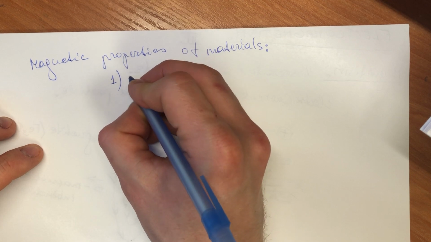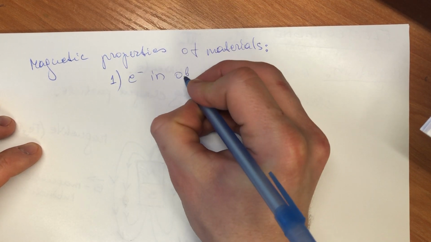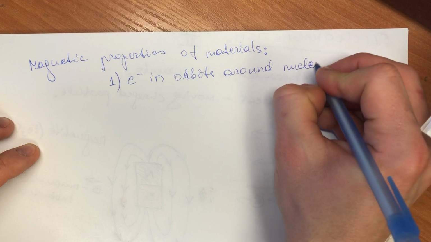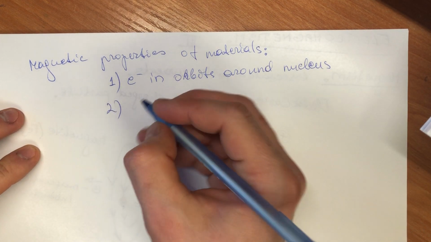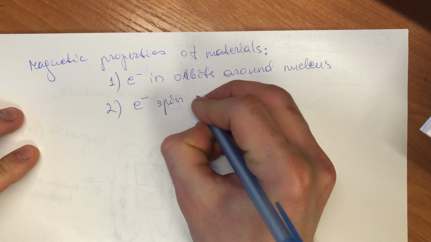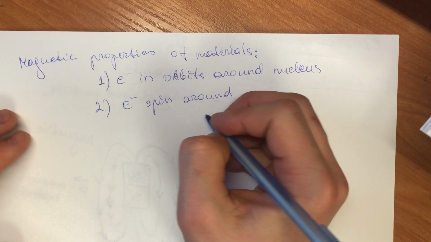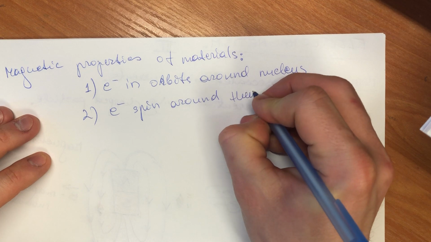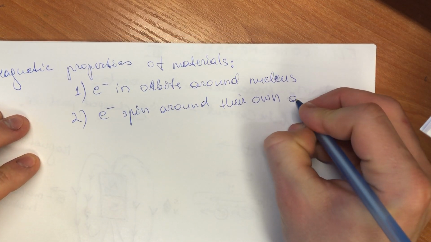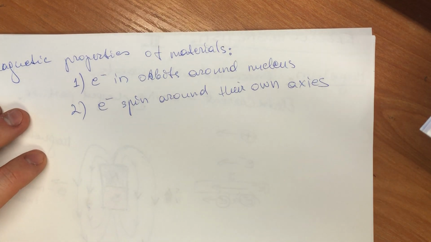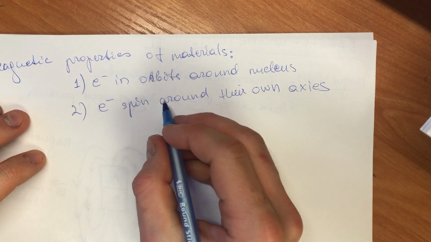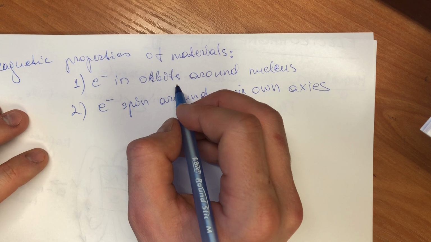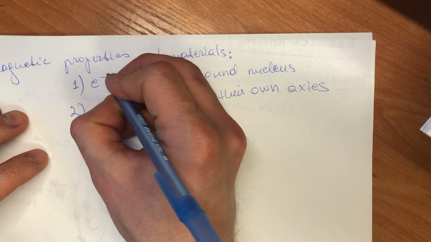So electrons move in orbits around the nucleus, and electrons spin around their own axis. So electrons spin or move, we can say.